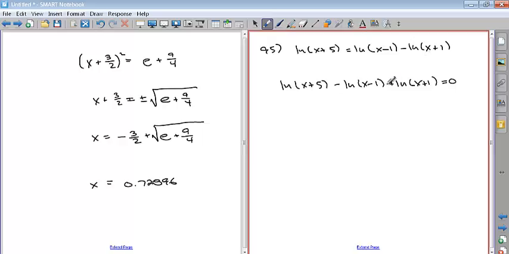So the pluses become minuses, the minuses become pluses. Then we can combine those together. So you get the natural log of x plus 5 times x plus 1 divided by x minus 1 equals 0.